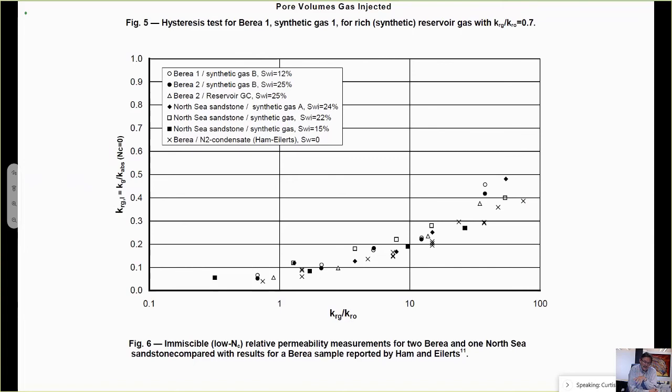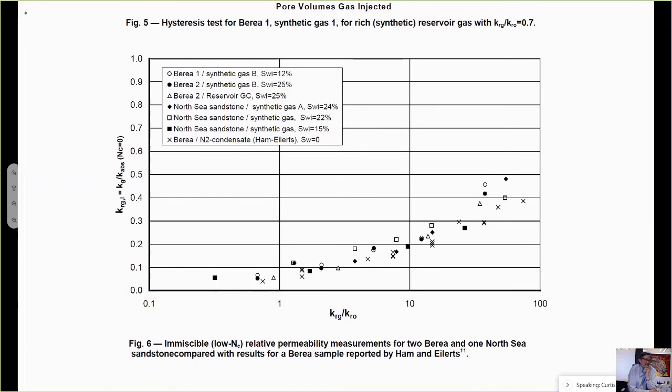I don't think there's any logical reason I can think of that if you have a real reservoir condensate A or reservoir condensate B or reservoir condensate C, why the rock curve of rel perm at low capillary numbers would be different.